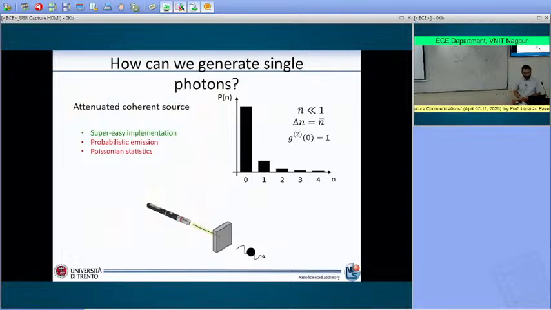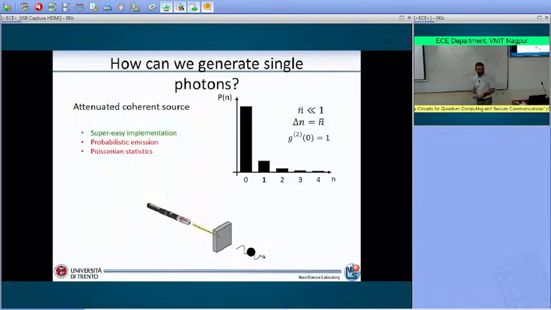So, the first way to generate a single photon is to simply get a laser and then attenuate the laser. Okay? So this is a simple way. I reduce the number of photons coming from the laser to a level where only a few photons are propagating.